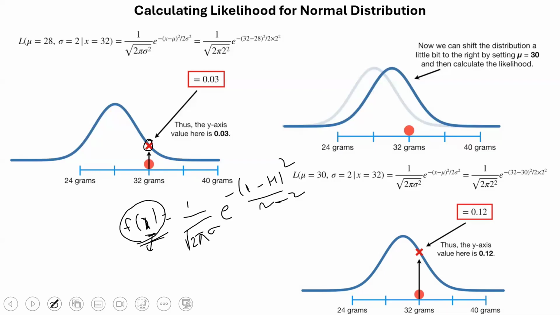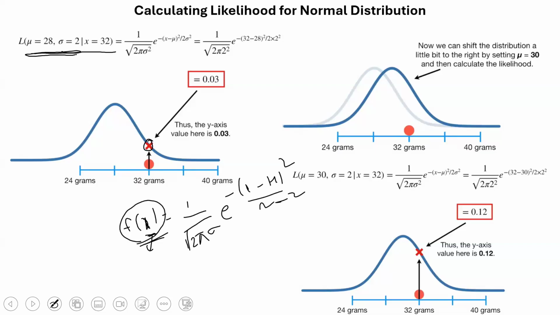Now, when you're calculating the likelihoods, the data point will remain the same, but the distribution parameters will change. When the distribution parameters are changing, we calculate the likelihood at different values, and wherever you get the maximum value, that value will be set as the distribution parameter.